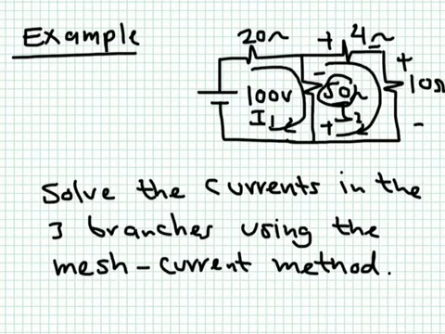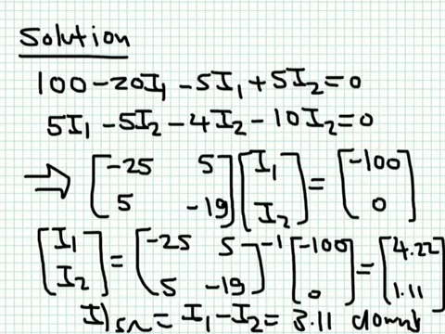And then by solving these two equations, the equation resulting from this loop and the equation resulting from this loop, we end up with a system of equations we can solve for the currents. So here we have these two equations, 100 minus 20I1 minus 5I1 plus 5I2 is equal to 0. For the second one, we have 5I1 minus 5I2 minus 4I2 minus 10I2 is equal to 0.